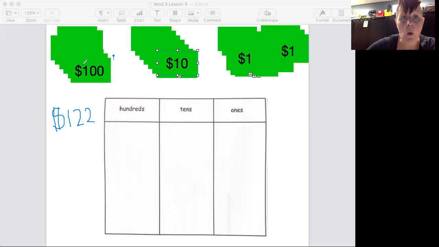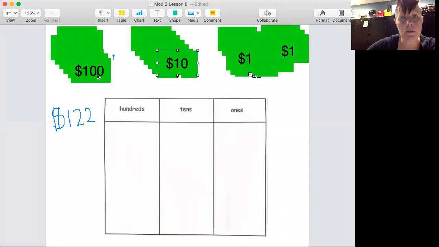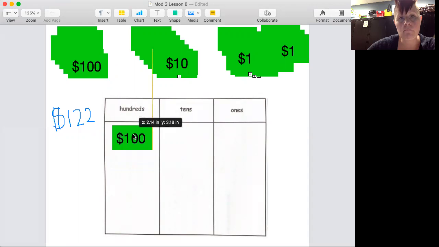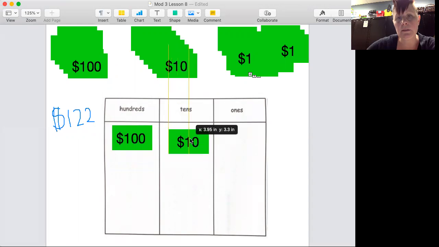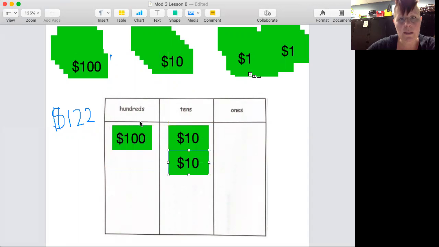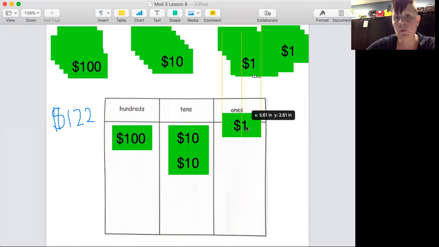So I know I need a $100 bill. So you would take a $100 bill. And then this is the tens place here, so I would need 2 $10 bills. And then for the ones place, I need 2 $1 bills.